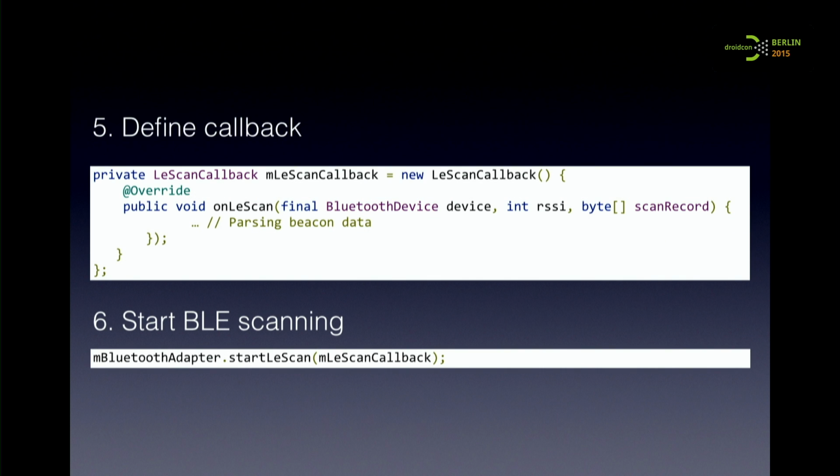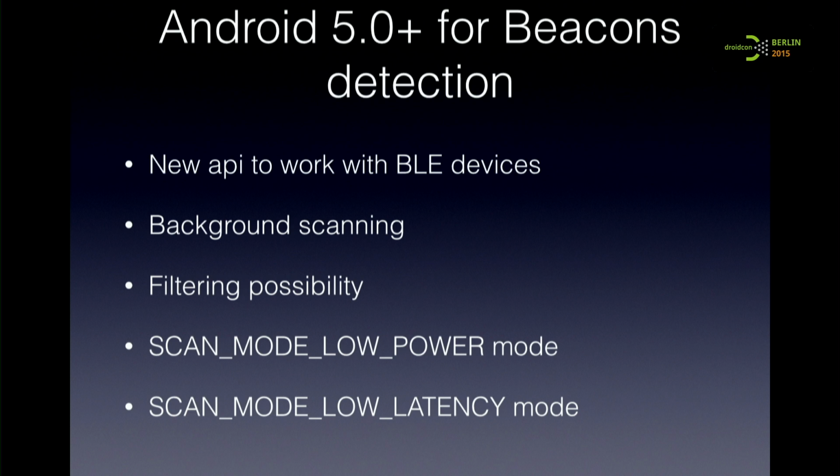To start BLE scanning, before starting you need to define the LE scan callback, and then you can just use startLeScan. This is for Android 4.3, and we should note that in Android 5 a new API was created that is much more useful, and now you can filter the scanning.